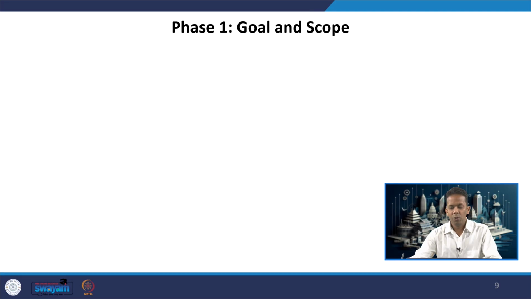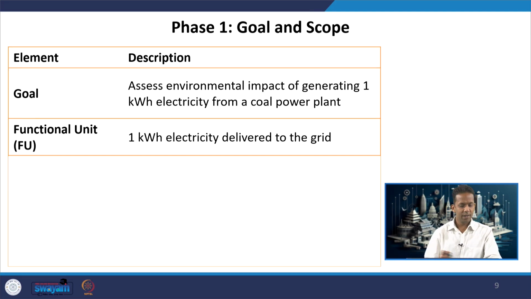So, the phase 1 goal and scope. The goal in this case is to assess the environmental impact of generating 1 unit of electricity from a coal power plant. That is the goal. Since the output is electricity, the functional unit would be in terms of 1 kilowatt hour of electricity delivered to the grid.